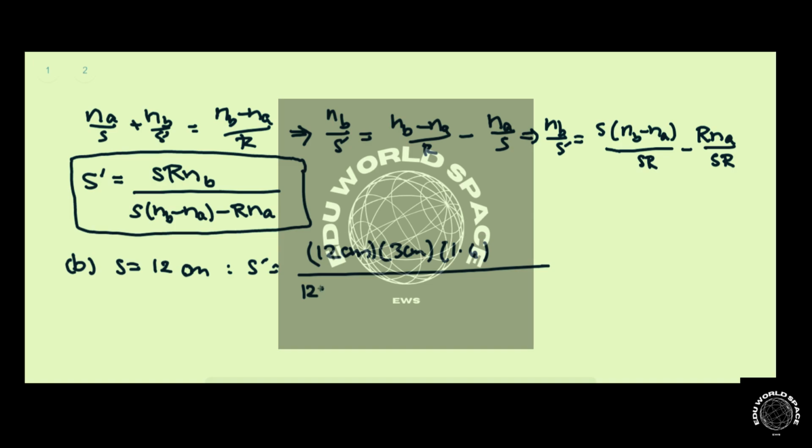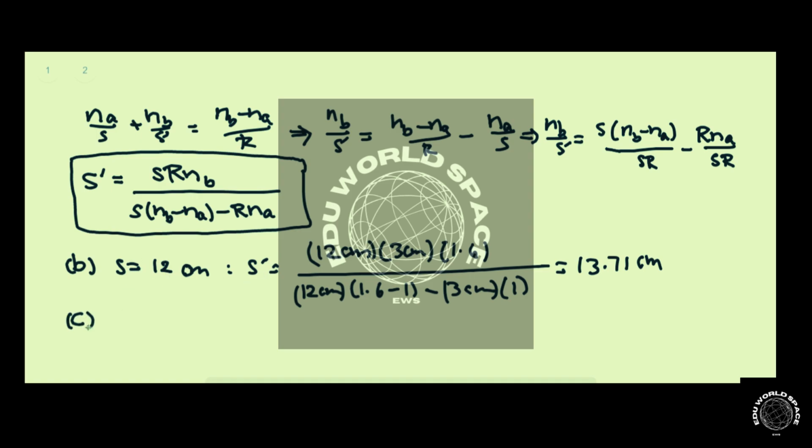S again, 12 centimeters. NB minus NA is 1.6 minus 1, minus 3 centimeters, which is R, times NA, which is 1. And you can just plug this into your calculator and you'll find that S prime is 13.71 centimeters.